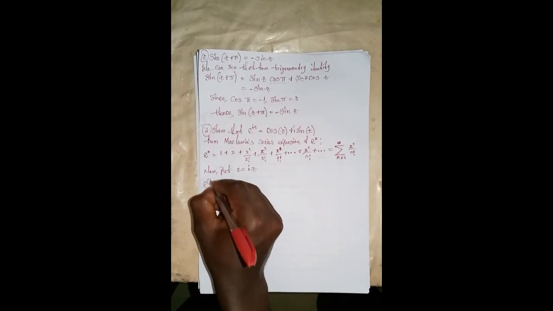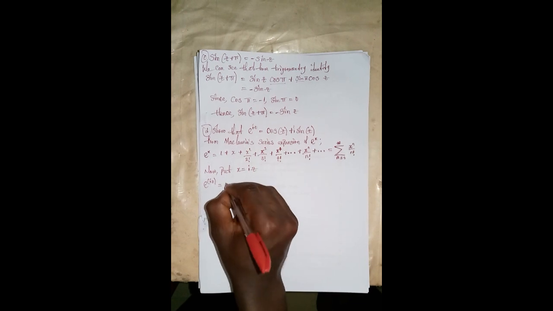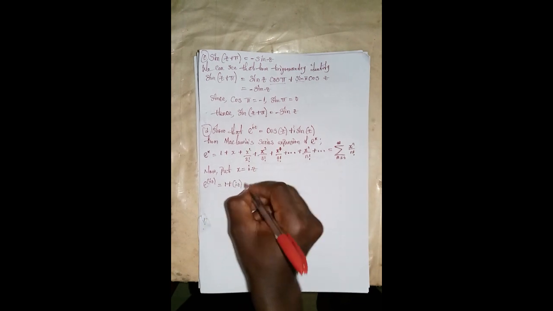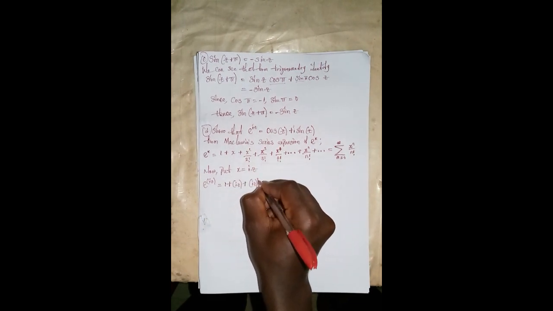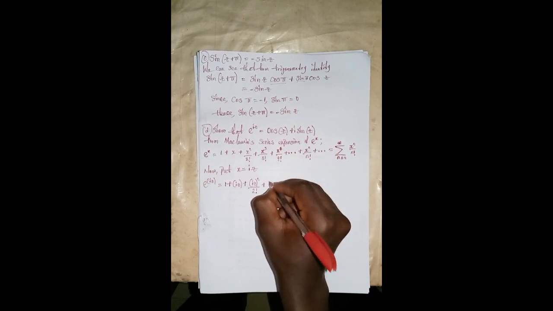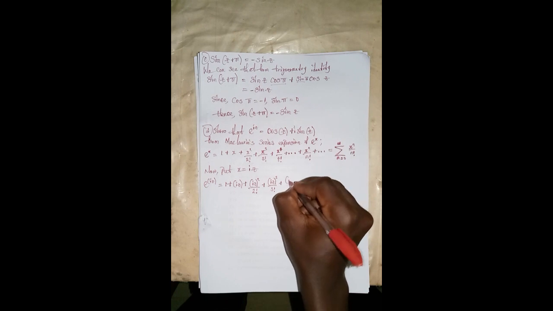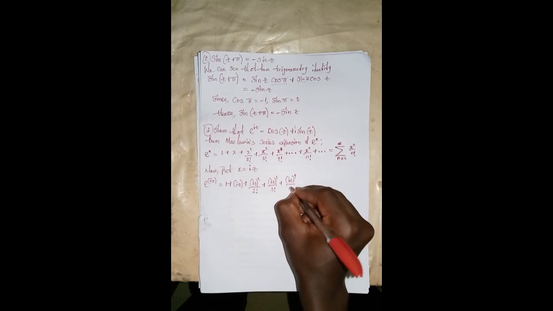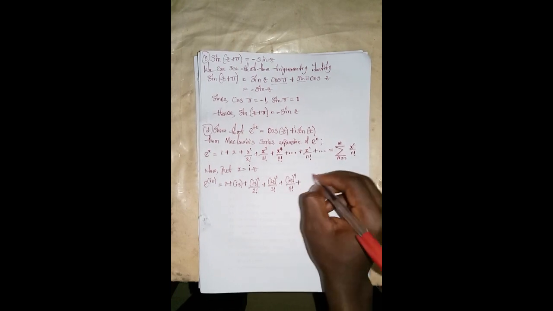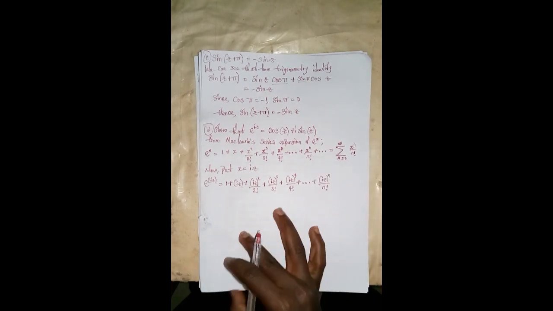Now we have e raised to the power of iz equal to 1 plus iz plus (iz) squared over 2 factorial plus (iz) cubed over 3 factorial plus (iz) raised to the power of 4 over 4 factorial plus and so on, (iz) raised to the power of n over n factorial.